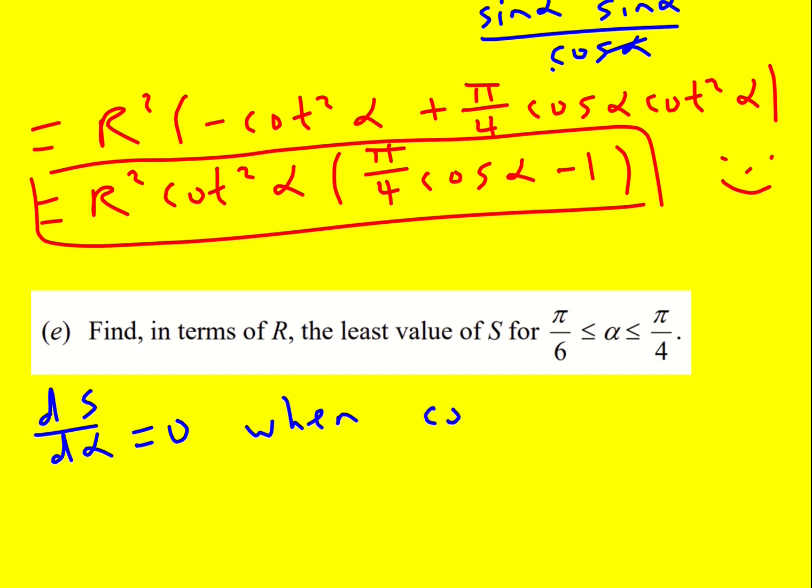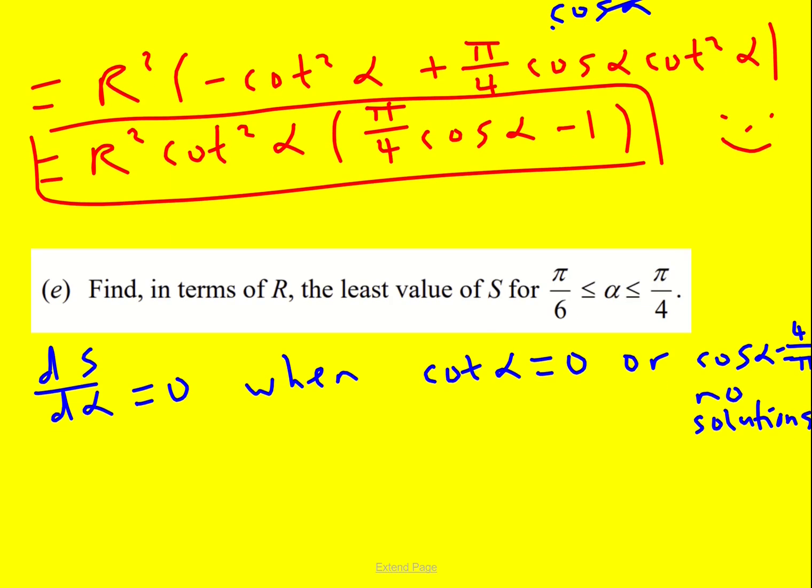And that's going to be zero when cot alpha is equal to 0, or cos alpha is equal to 4 over pi. And there's no solutions to this. In fact, cot alpha looks a little bit like this, and it only equals 0 at pi over 2. So there's no solutions on the interval.